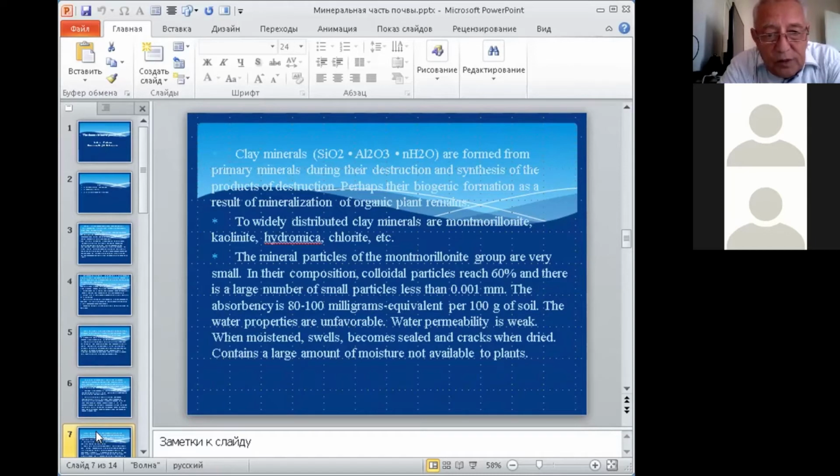The water permeability is weak. When moistened, soils become sealed, and crack when dry. They contain a large amount of moisture not available to plants.